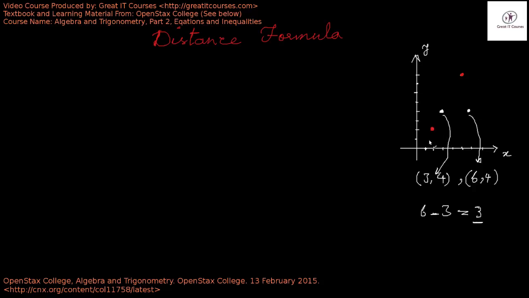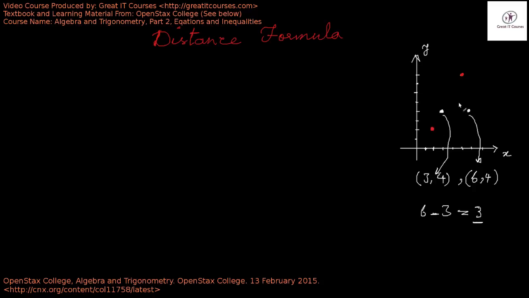But these 2 points are on a slanted line that has a positive slope, as you can see over here. In order to do this kind of calculation, we need to use the Pythagorean theorem and throw some more logic in there so that we can get it done.